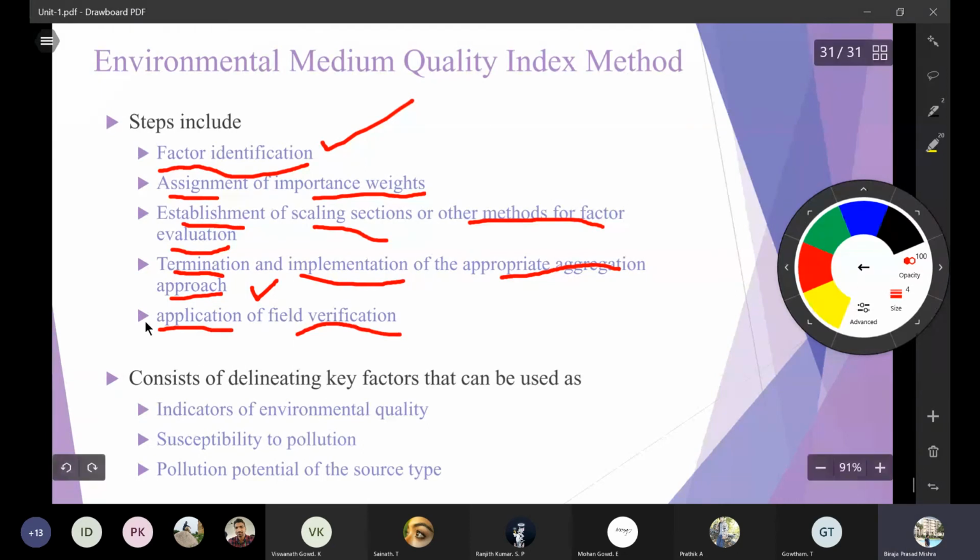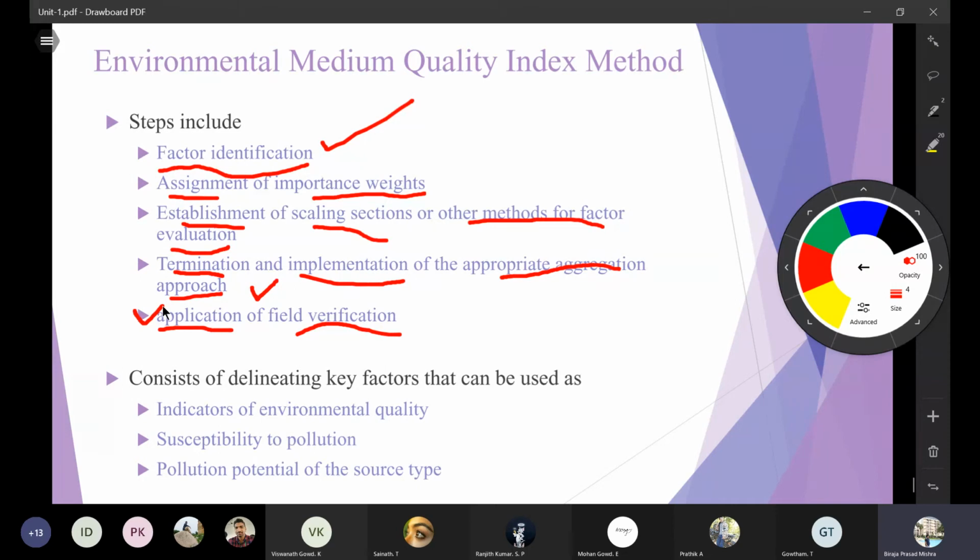Okay, so whether those factors and parameters which we discussed are really being affected by the developmental activity or not needs to be checked at the site level.